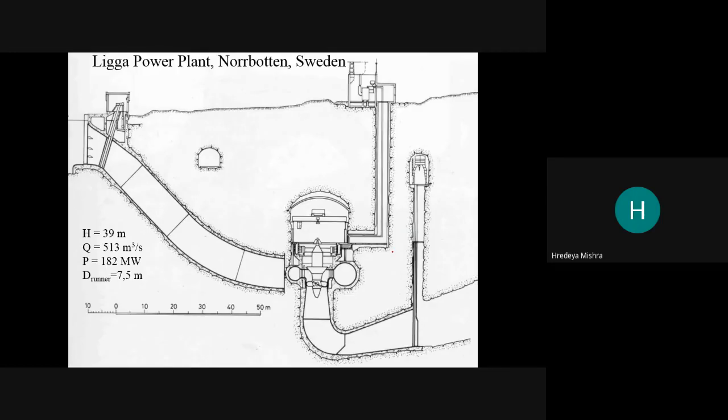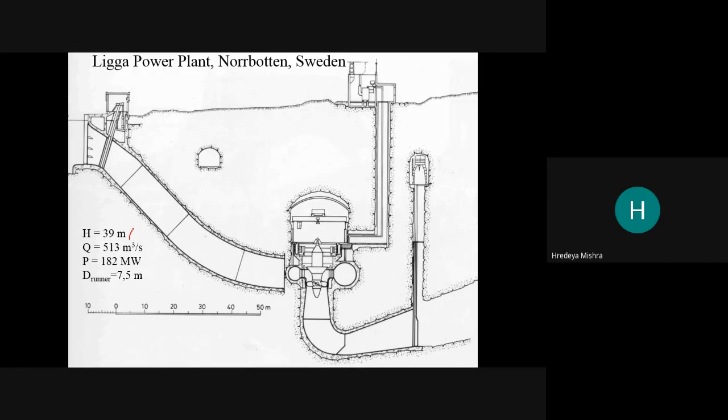Now the Liga power plant, Norrbotten, Sweden. This is a diagram of the Liga power plant, a very famous power plant in Sweden. What is the head? 39 meters.